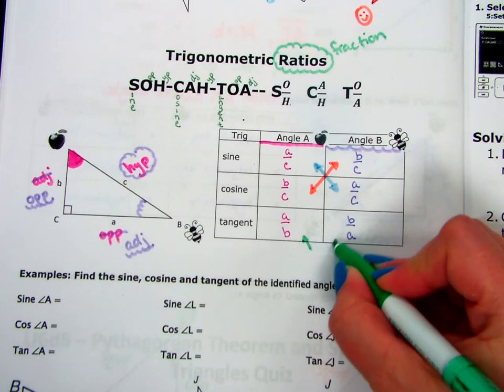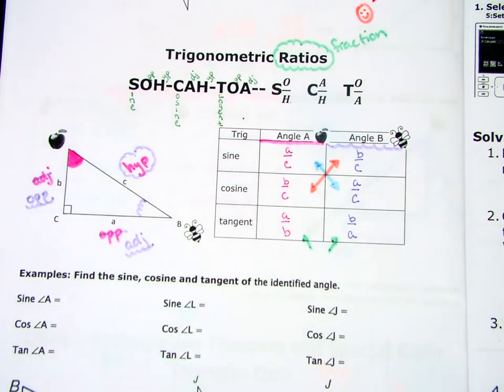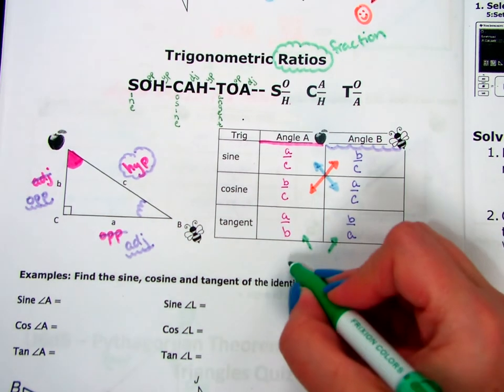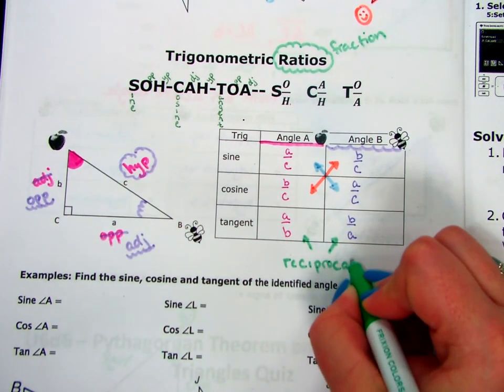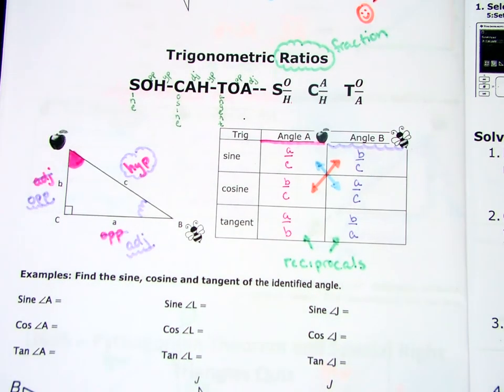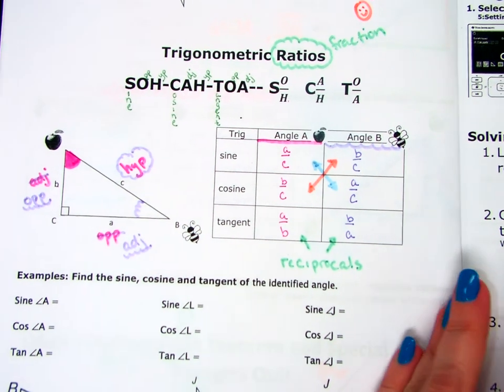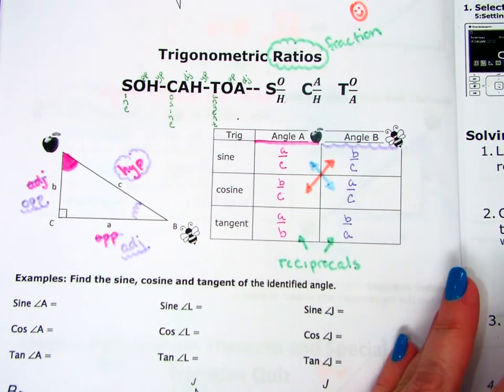It doesn't switch places. What happens with the tangent? Yeah, the numerator and the denominator flip. Do you remember the fancy geometry or math word for flipping fractions? Reciprocal. Good, reciprocal. They're always going to be reciprocals of each other, which makes sense, right? Because the opposite and the adjacent flip places. So when you flip the ratio and they flip places, it's going to be reciprocal.